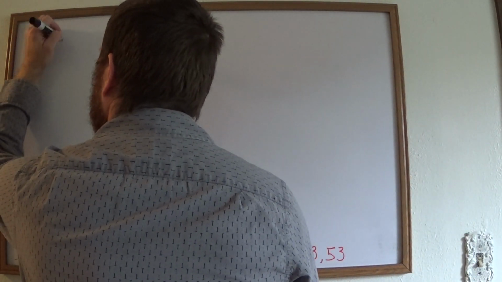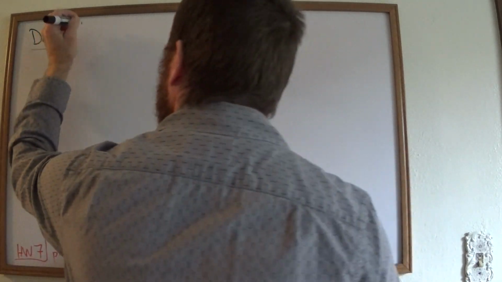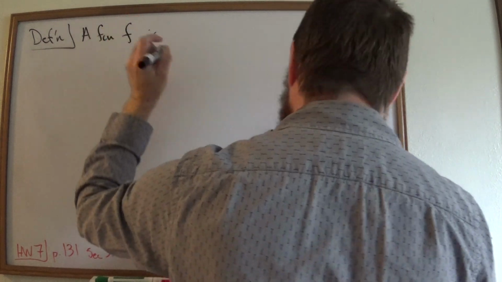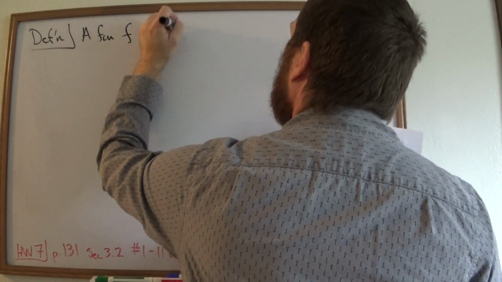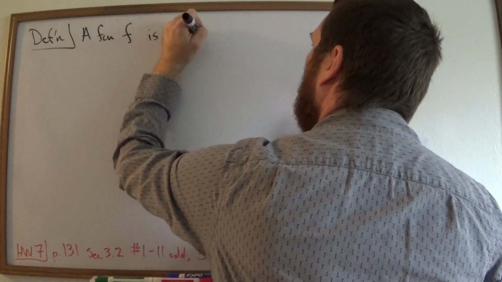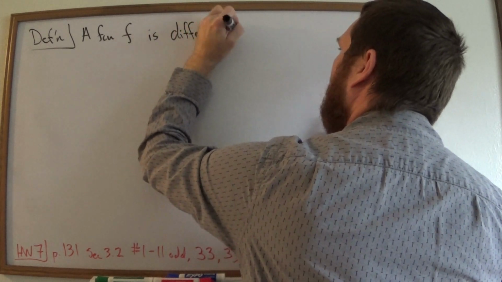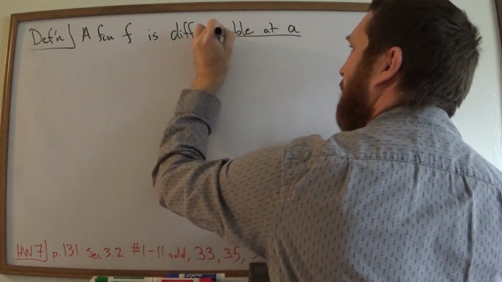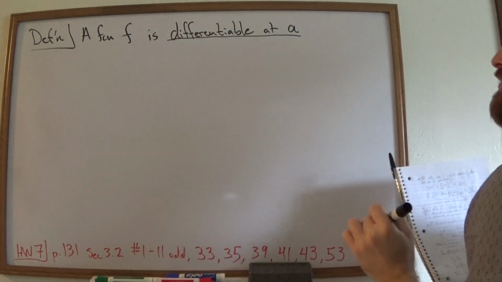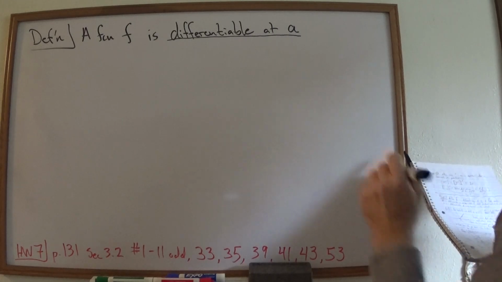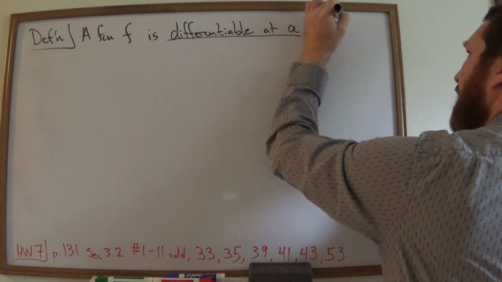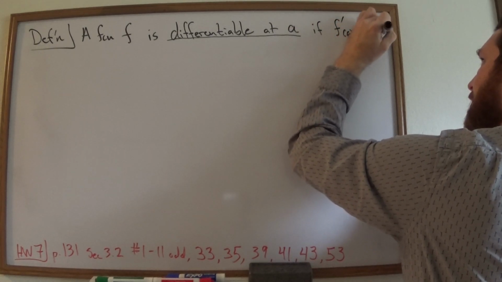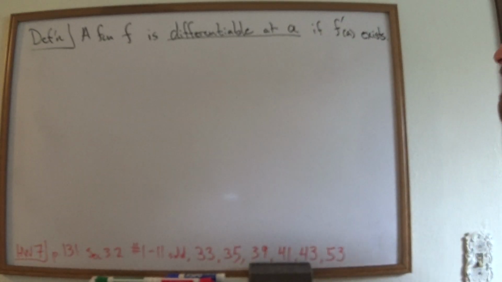Definition! A function f is differentiable at a, so a is a number, if f prime of a exists.